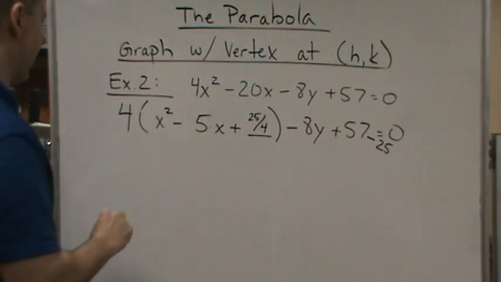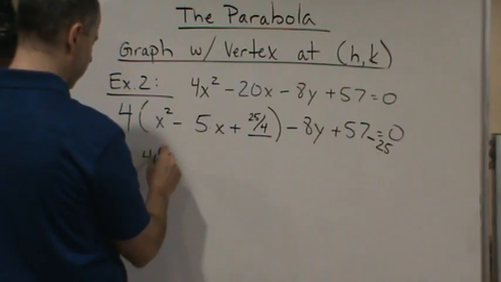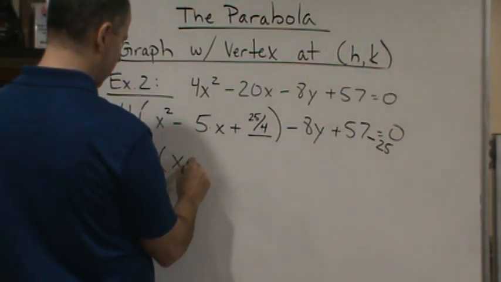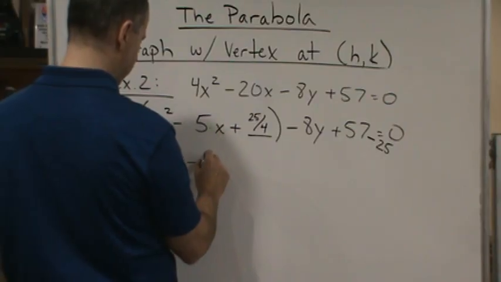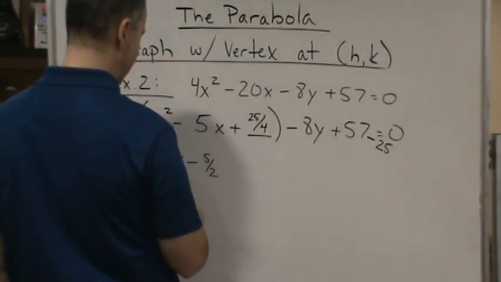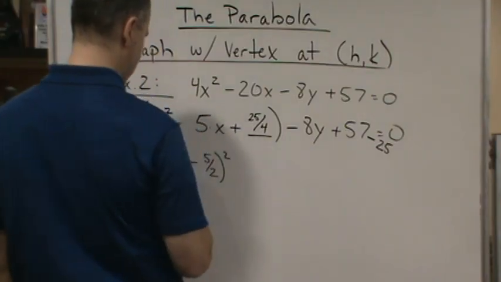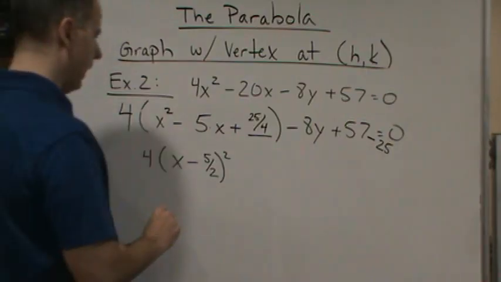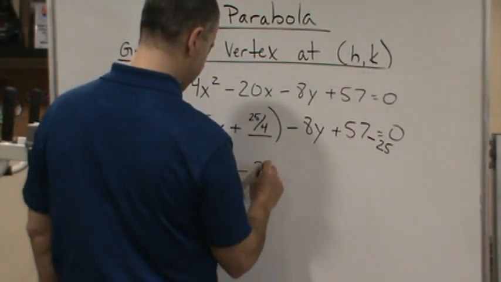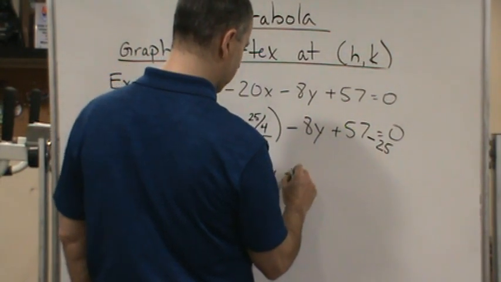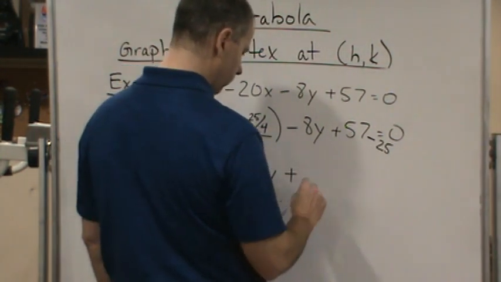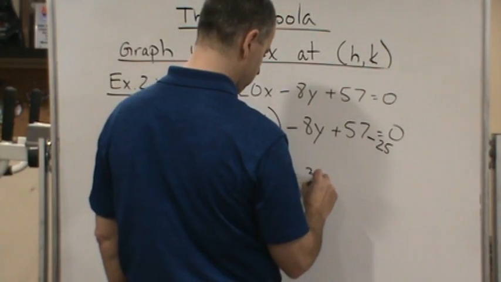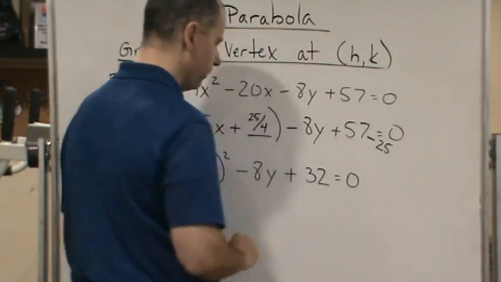Now this is going to become 4 times x minus 5 halves, quantity squared. All right, now the rest is going to be minus 8y plus 32 is equal to 0.